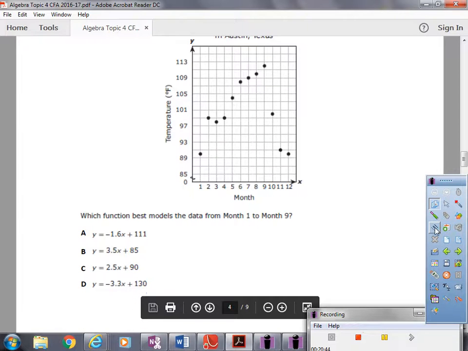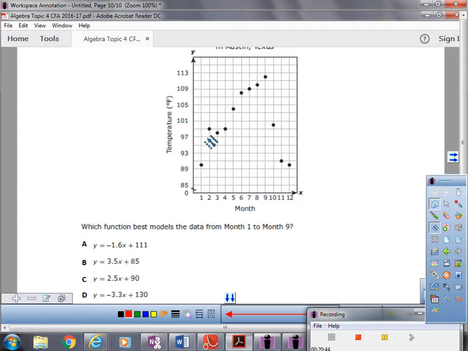And so I think what I would do is look at the dots. Here's month 1 through month 9. So again, it's just these dots, and I would draw a line of best fit, which means you want to draw a line that goes through the center of these.